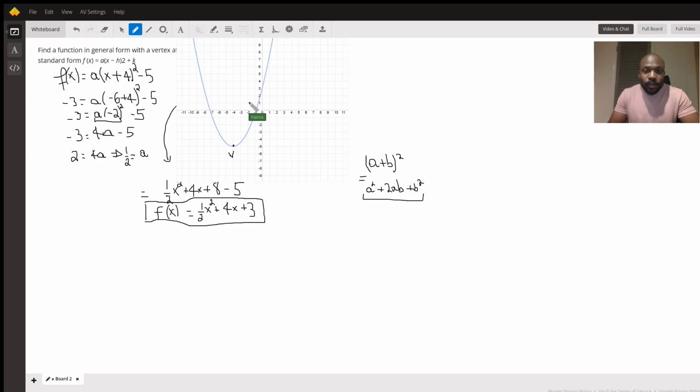So -6, you go left 6, down 3, and boom, there you go. So the 2 points we were given are actually on the graph, a vertex and point P, (-6, -3). So final answer, this is your general formula. And the graph was just to show you that we got the answer correct. Thank you.